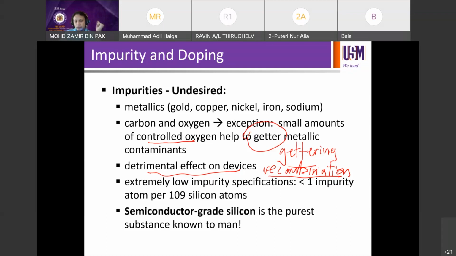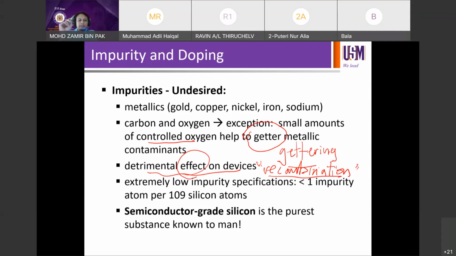But due to this recombination process, the electron and hole recombine. They recombine balik, dia berjumpa balik, and they annihilate each other. They diminish each other, right? And this gives detrimental effects to the device.